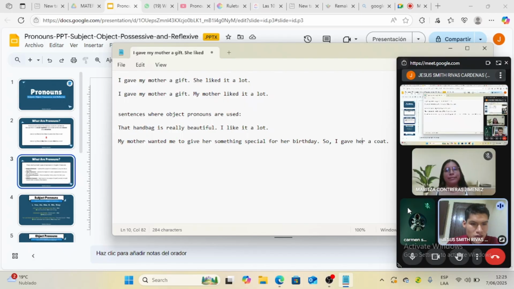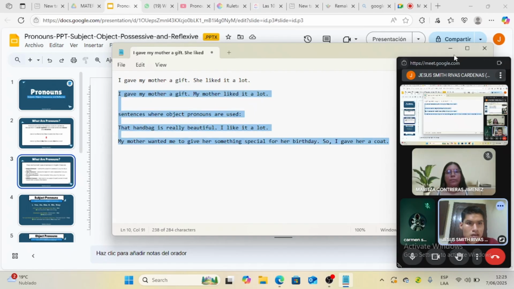And what about Carmen? The examples are clear here, in my opinion. Okay, perfect. So I think that this is all clear.